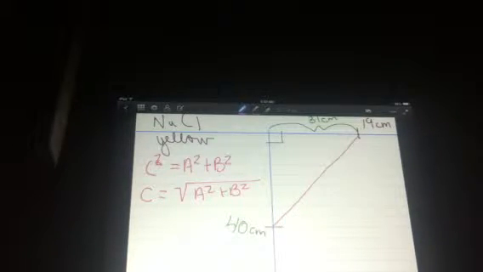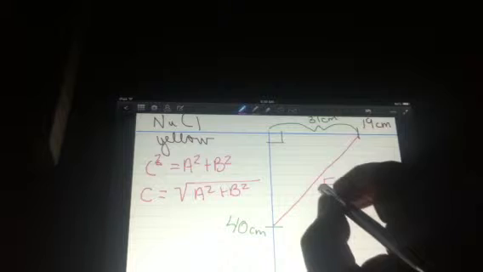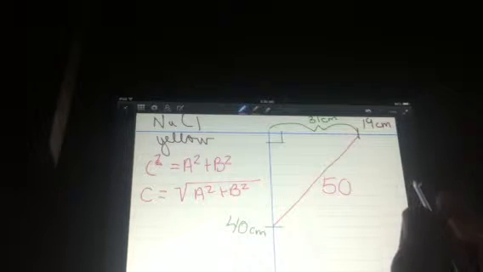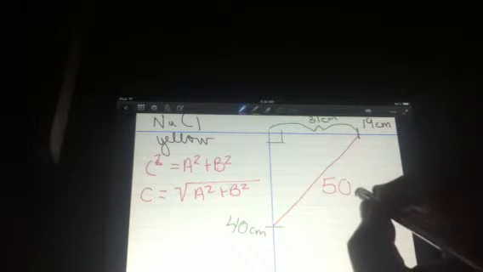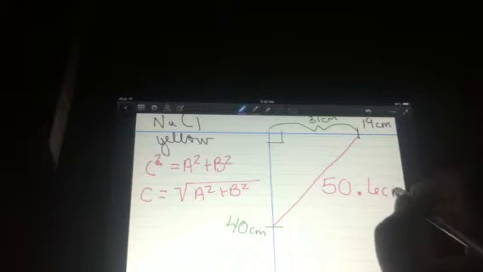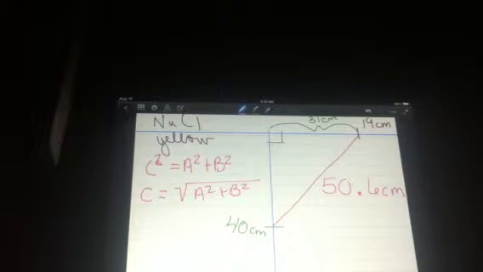So I have 31 centimeters squared plus my 40 centimeters squared in parentheses, and I'm going to get that the hypotenuse is 50.6 centimeters, which is a reasonable answer because it is larger than either one of the other two sides, because the hypotenuse has to be larger than the other two sides.